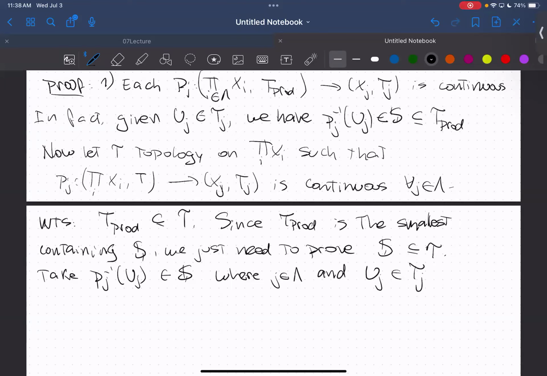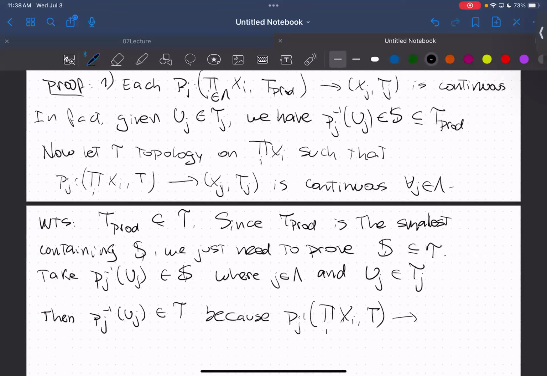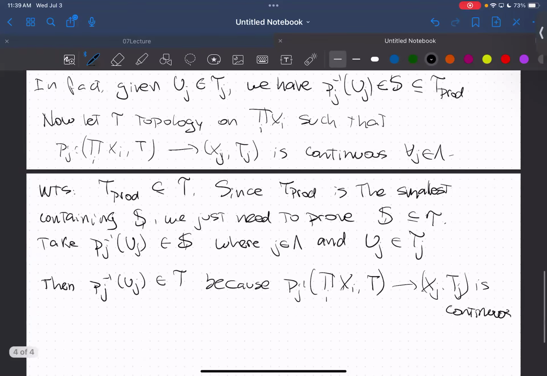That's an arbitrary element in S. Then this guy is in T just because our pj going out of the product with this tau topology to xj is continuous. If it is continuous, then preimage of open is open. So the proof is for free. And that's all you need to do for one.